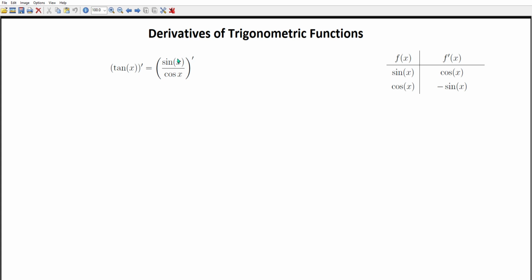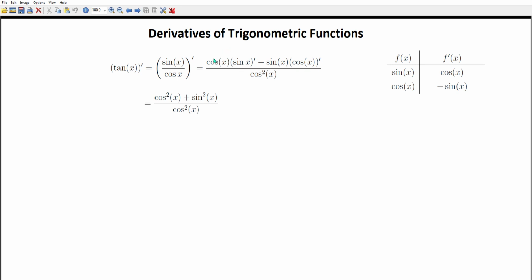So if we want to take the derivative of this, we're going to use the quotient rule, which says the bottom times the derivative of the top minus the top times the derivative of the bottom over the bottom squared. And we know the derivative of sine x is cosine x. And we know the derivative of cosine x is minus sine x.